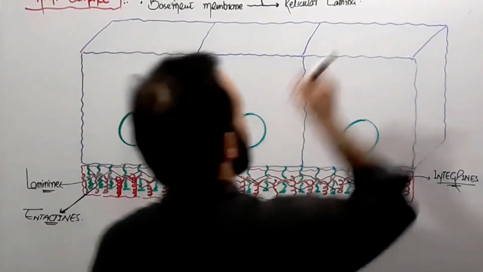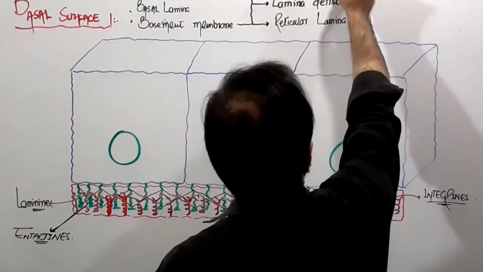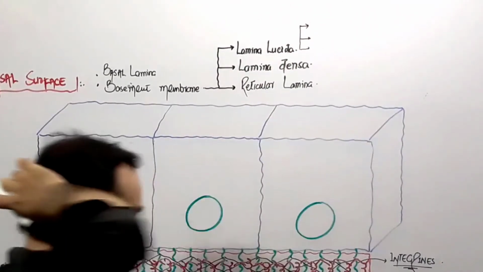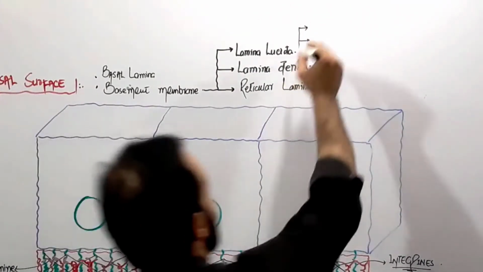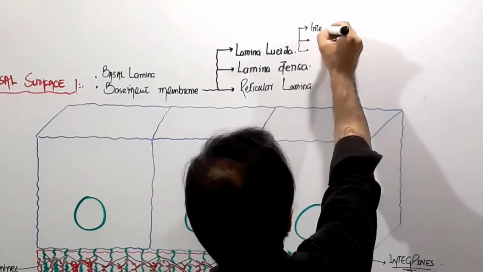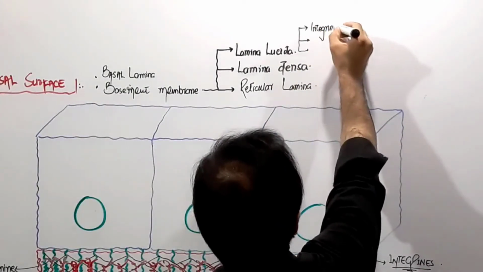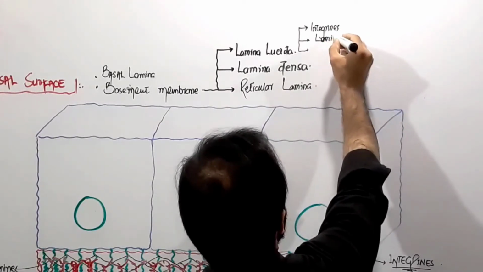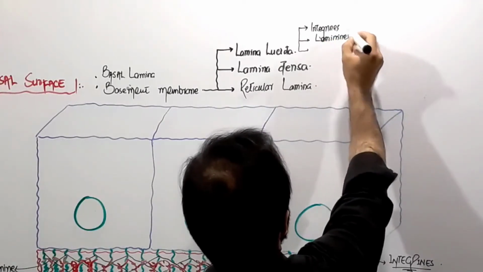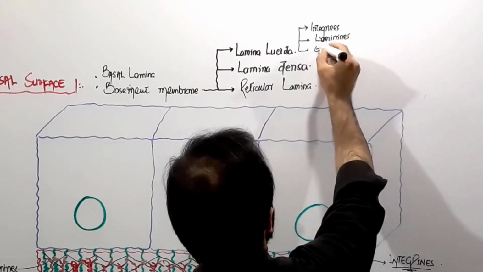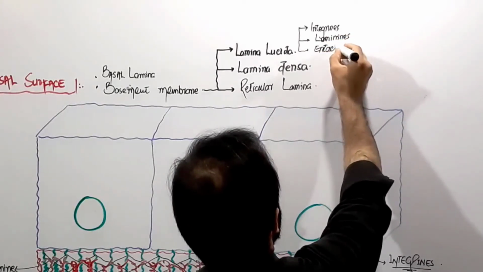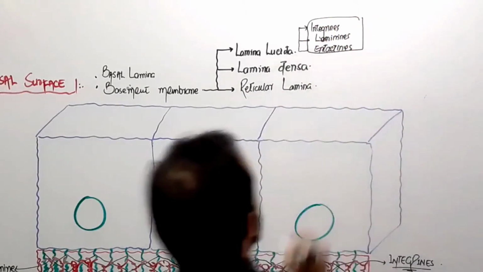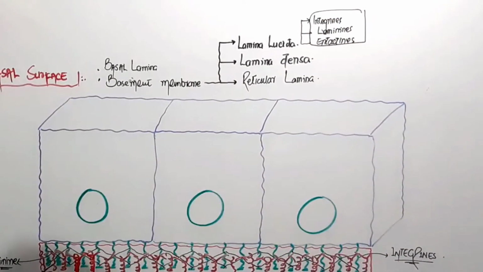So let's write it here also: the lamina lucida contains three important components, the integrins, the laminins, and the intactins. They make the structure of the lamina lucida.